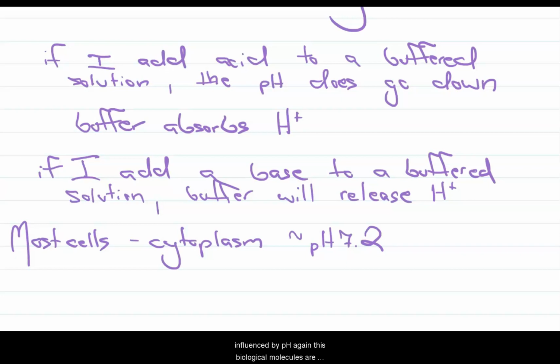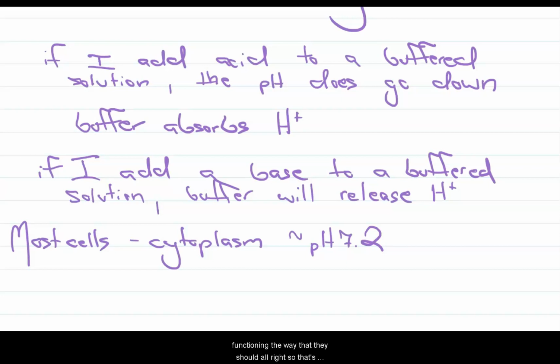Again, those biological molecules are sitting in an aqueous solution. If you change the pH, you change the shape of that molecule. And remember, shape determines function. So if you change the shape of that molecule because you've drastically altered the pH of the solution, then you have a problem because now your molecules are no longer functioning the way that they should.